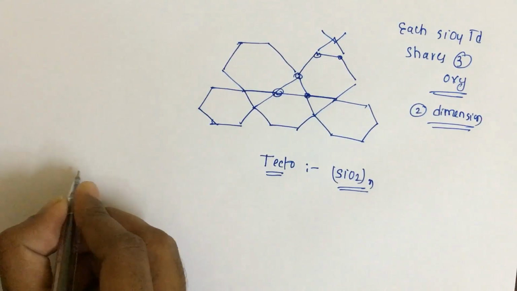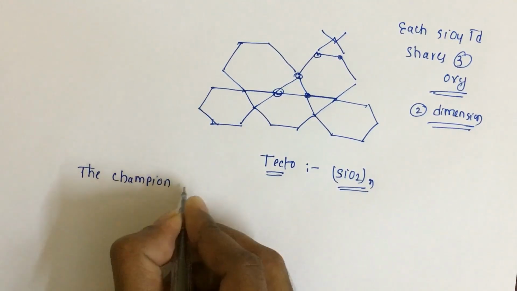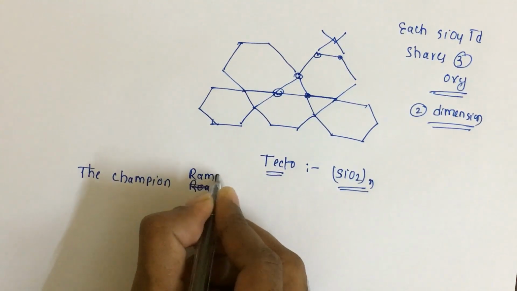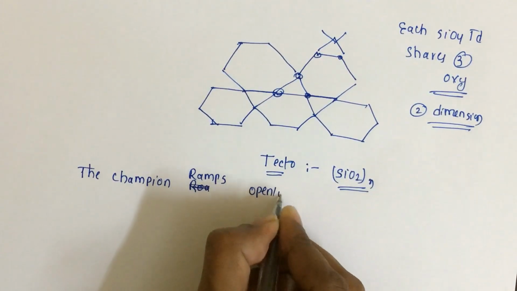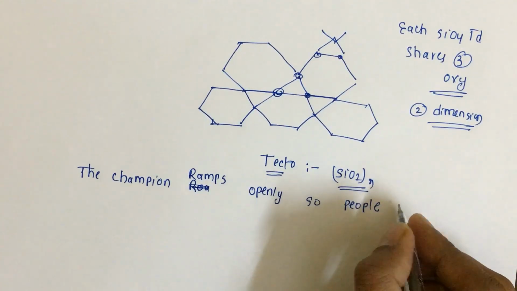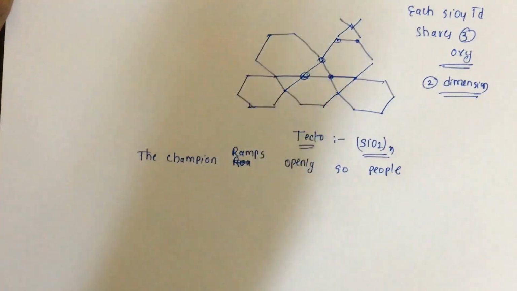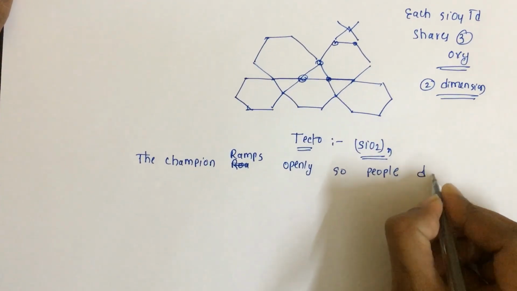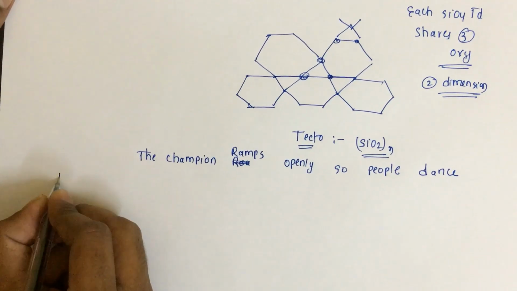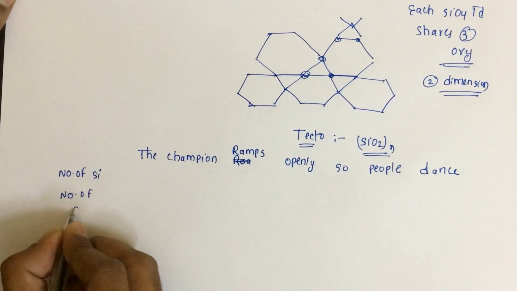Just remember this statement: the champion rams openly, so people dance. Here take the number of silicon atoms and number of oxygen atoms.